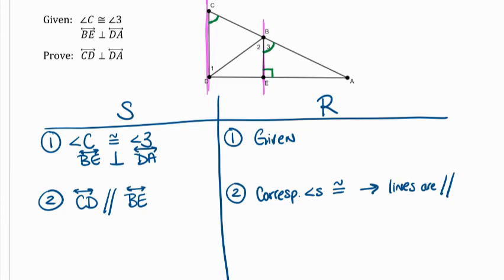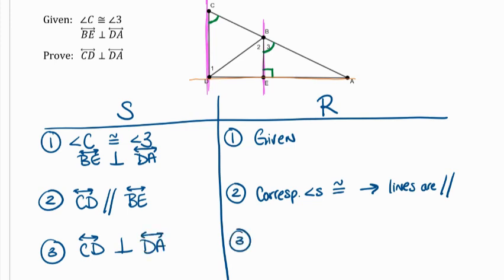Okay, and then once I know that those lines are parallel, well, if they're parallel, then they would both be perpendicular to a certain transversal. So now if I think of this as my transversal, then that means I can say CD is perpendicular to DA.